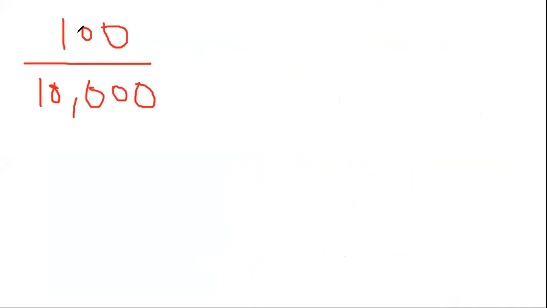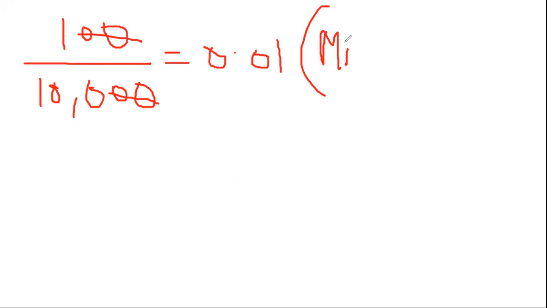Zeros cancel zeros. 1 divided by 100 is what? That's 0.01. So Madam Evangel is having a micro lot size. A micro lot size ranges from $100 to $900.